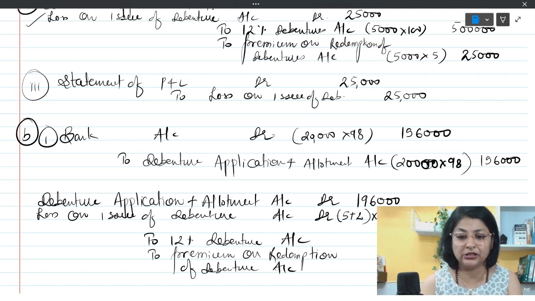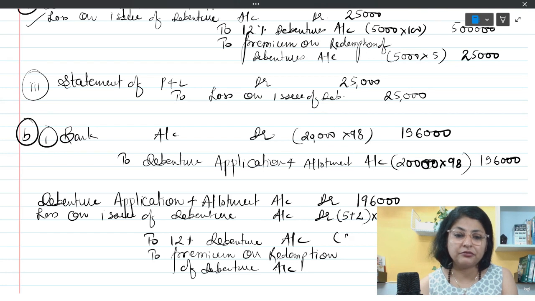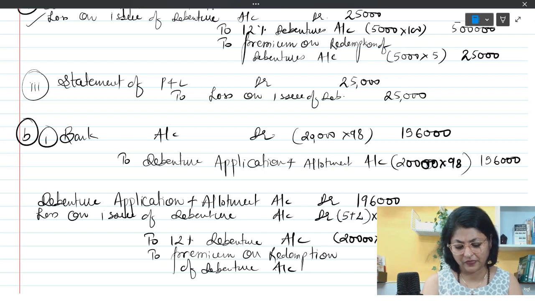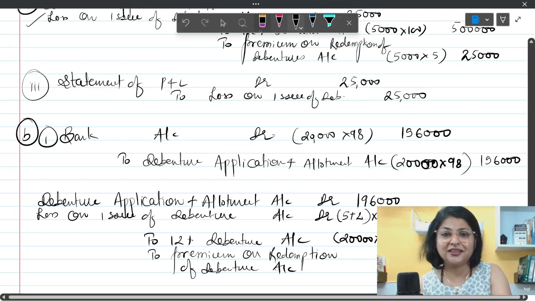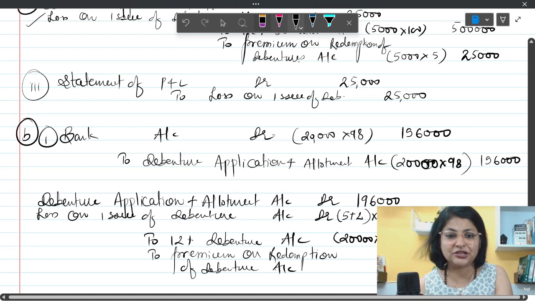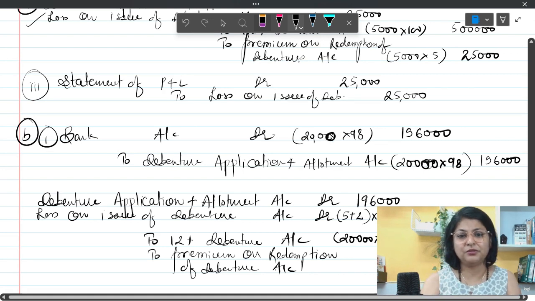So 1,40,000 is the total amount of loss which the company is suffering. This is a capital loss. Now when we talk about the number of debentures, there are 20,000 debentures multiplied by 100. Sorry, I made a mistake. The number of debentures was 2000 everywhere instead of 20,000. I should have written 2000, so please make this change.